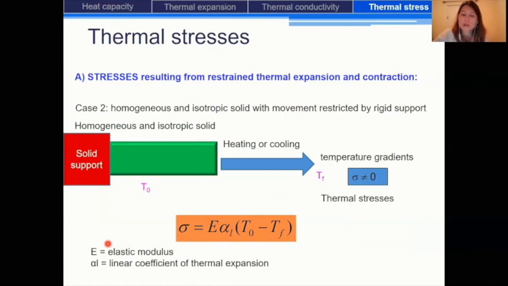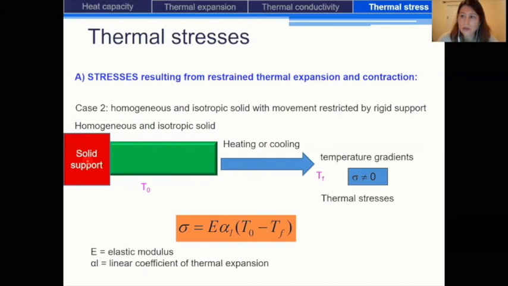Now let's consider the second case, which is a homogeneous, isotropic solid with movement that is restricted by a rigid support. In that case, the green bars represent the isotropic solid, and it is attached to the red solid support.